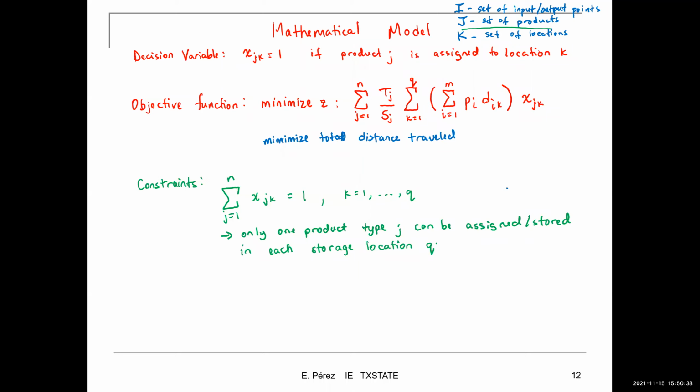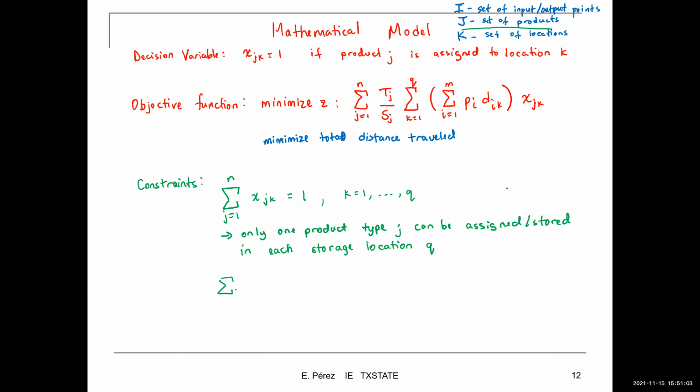Okay, so that's the first constraint, and we're gonna have another constraint that is a complement to this constraint. So basically, in the first one, we're saying we can only assign the product family to each location. And now we want to make sure that we assign all the locations that are needed for each product family. Okay, so that's the other constraint.